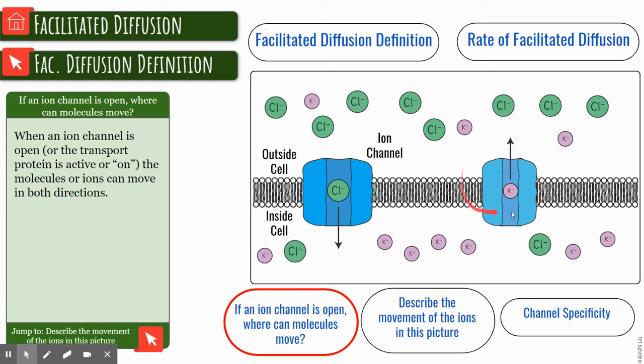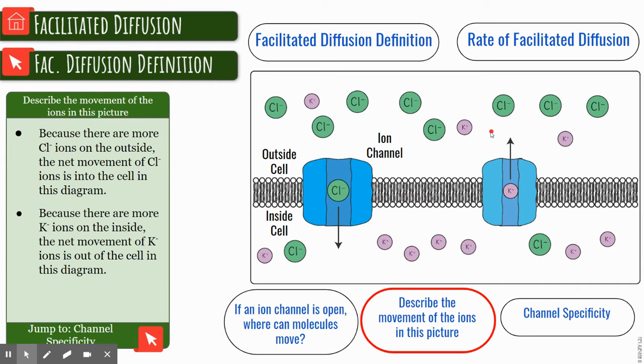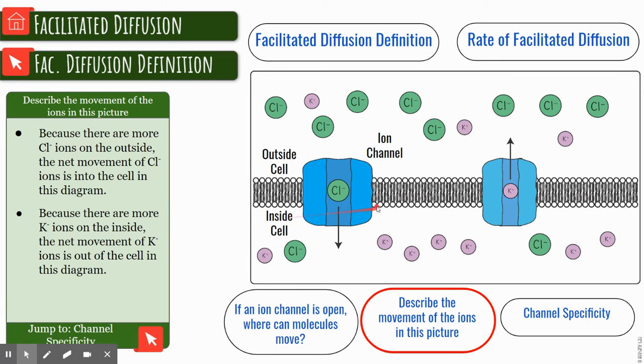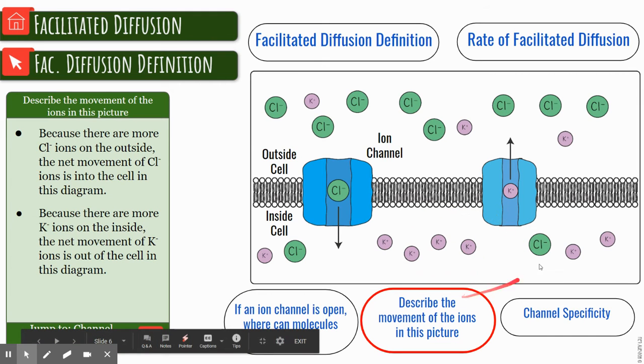And these potassium ions, there's a higher concentration down here, so they're going to move down the concentration gradient from high to low here. There's a higher concentration of chlorine here, they're going to move down this direction. There's a higher concentration of potassium here, they're going to move up in this diagram.